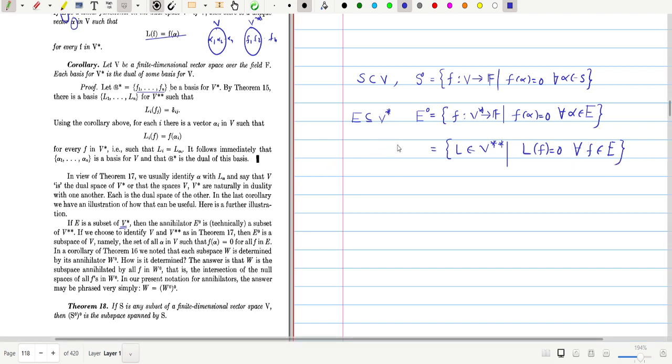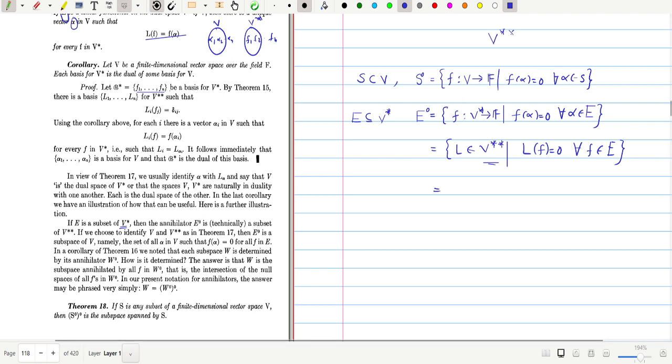Now that means technically this E naught is a subset of V double star. But we have identified V double star and V as the same. We have shown that V double star is isomorphic to V.